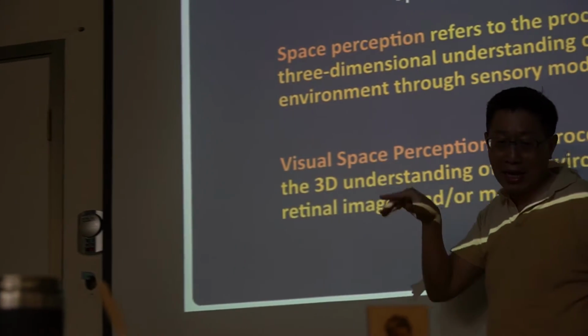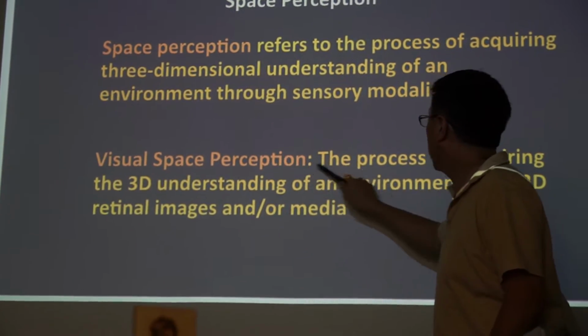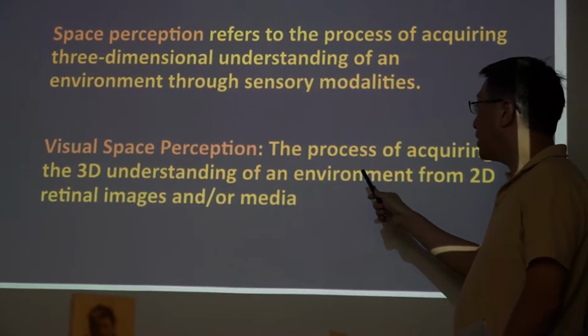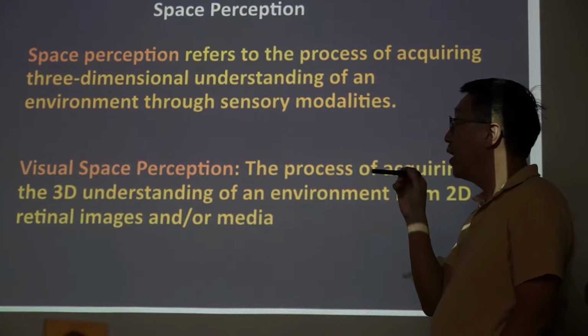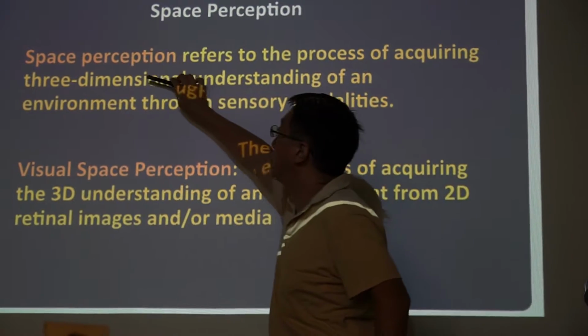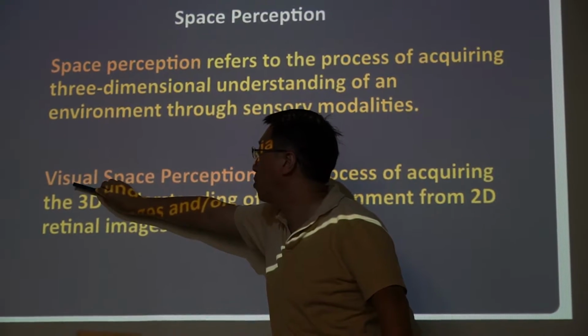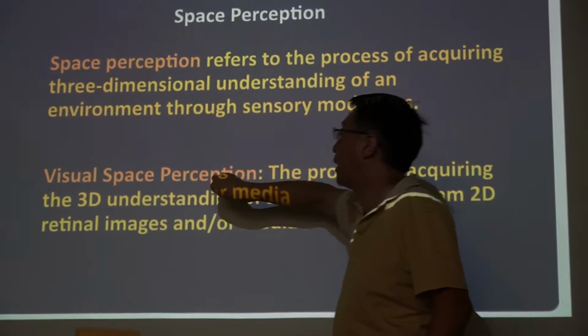But visual perception, they say, is the most immediate perception of space. Therefore, when people talk about space perception, they almost always mean visual space perception.